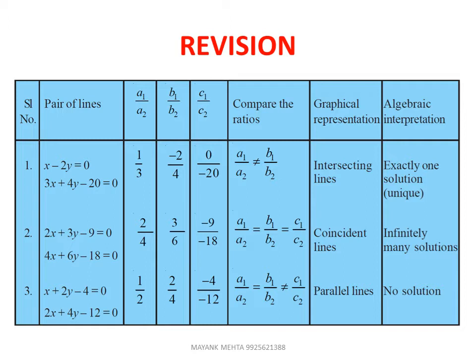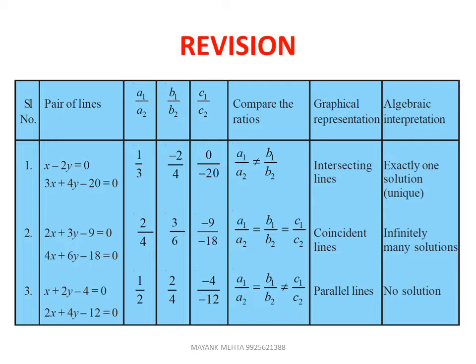If a1 by a2 and b1 by b2 are equal but c1 by c2 is not equal, then they are parallel lines. And if a1 by a2 is not equal to b1 by b2, then they are intersecting lines. They will intersect at one point.